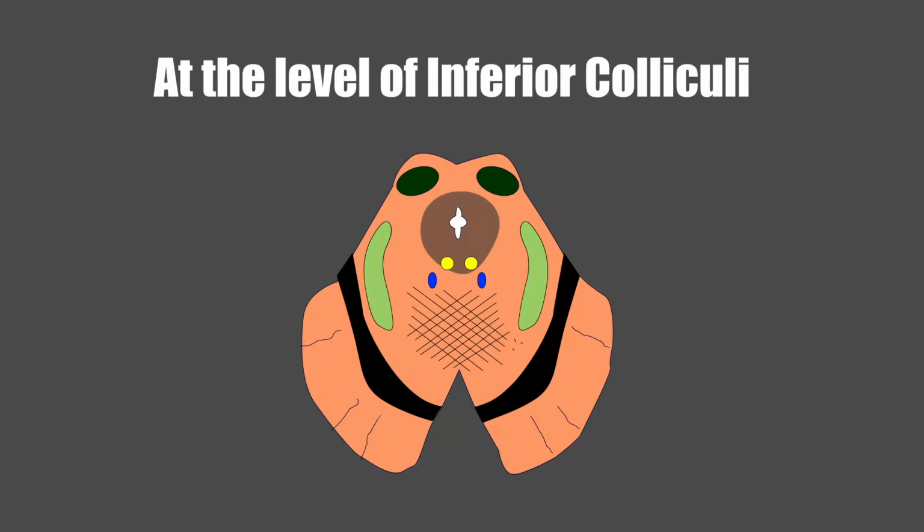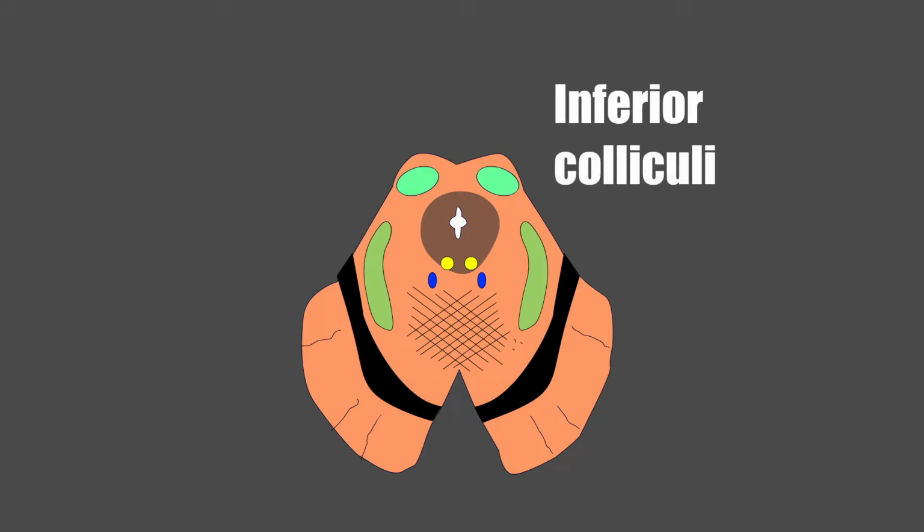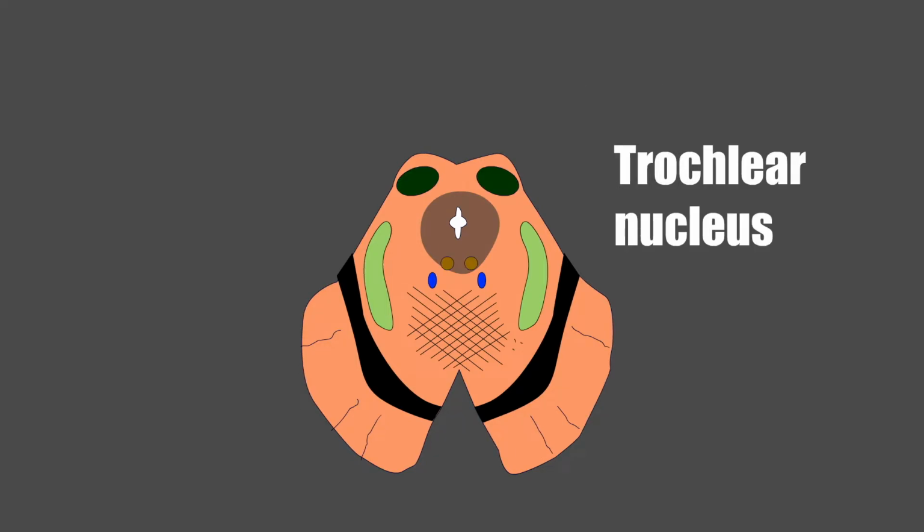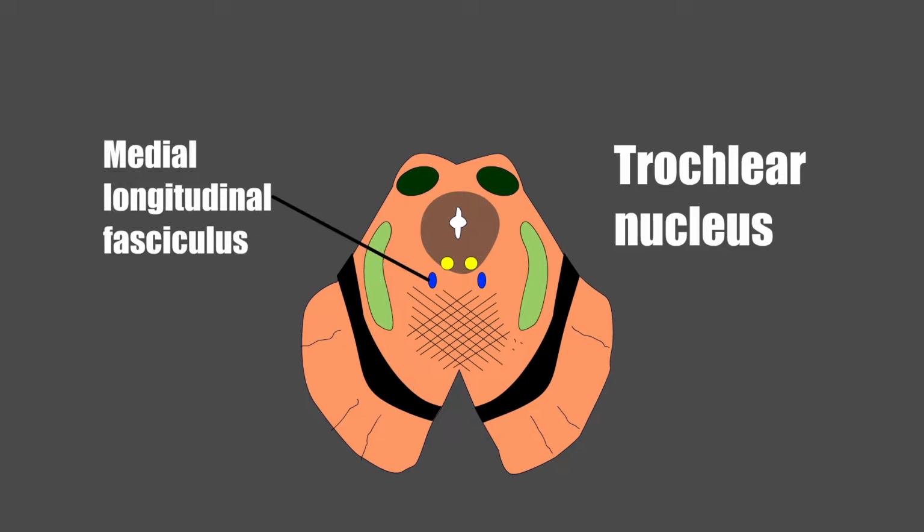The transverse section of the midbrain at the level of the inferior colliculi. The inferior colliculi are present in the tectum and they are connected to the medial geniculate body through the inferior brachium. The trochlear nucleus at the level of the inferior colliculi is situated in the central gray matter, close to the median plane, just posterior to the medial longitudinal fasciculus.